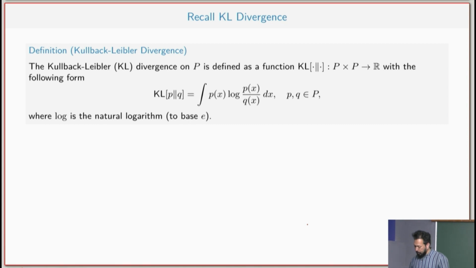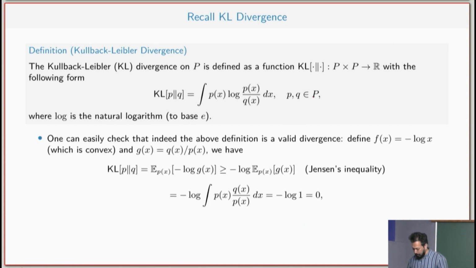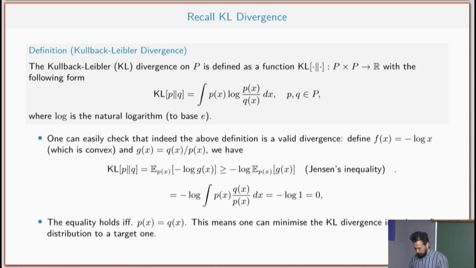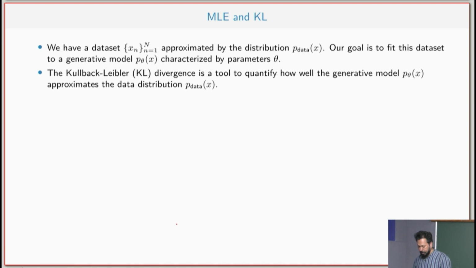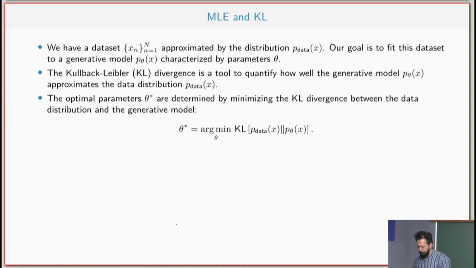And then we are already familiar with the KL divergence. This is the definition of the KL divergence, and we have also proved before that the KL divergence is greater than or equal to 0, and this follows from Jensen's inequality. There is nothing more to do, and the KL divergence is equal to 0 if and only if P is equal to Q. Now MLE and KL estimates we have also seen before.